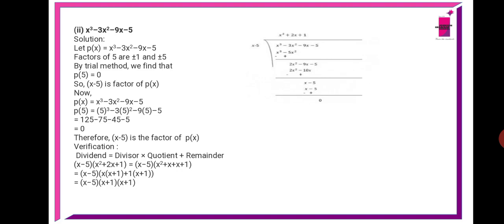So even if I divide the entire polynomial by x minus 5, I will get x square plus 2x plus 1. So x square plus 2x plus 1, if you factorize, 2x can be split as x plus x. So x is common in the first two terms and plus 1 is common in the other two terms. You will get the factorization as x minus 5 into x plus 1 into x plus 1.